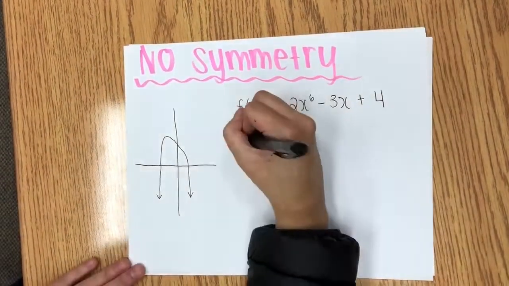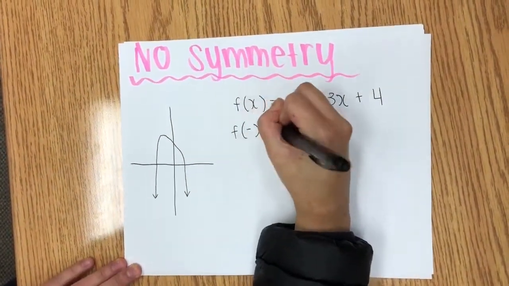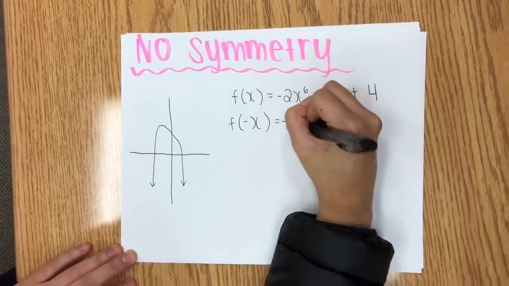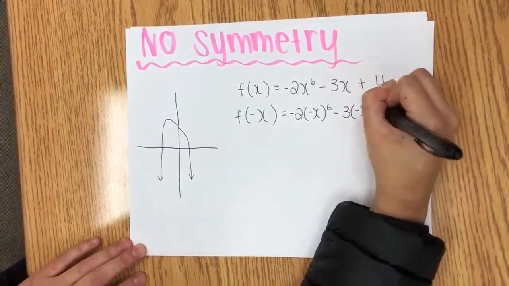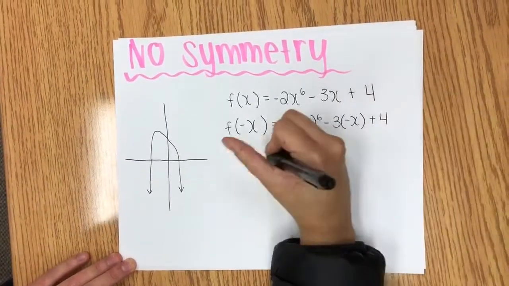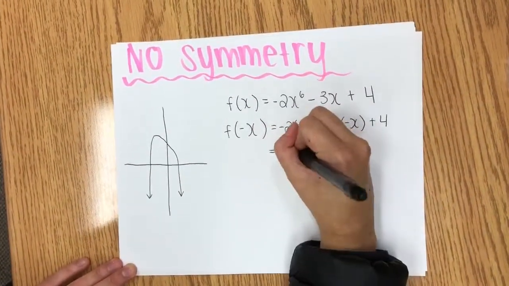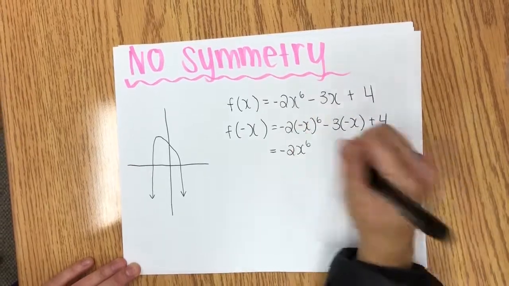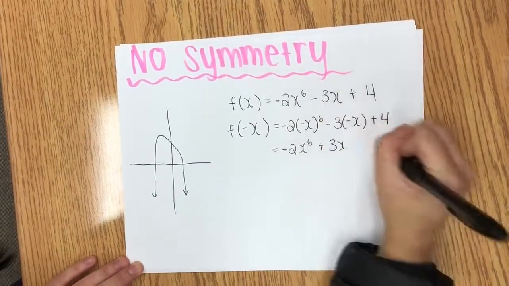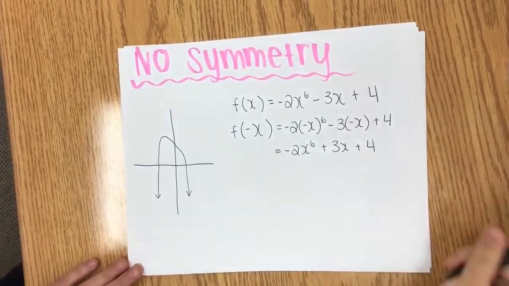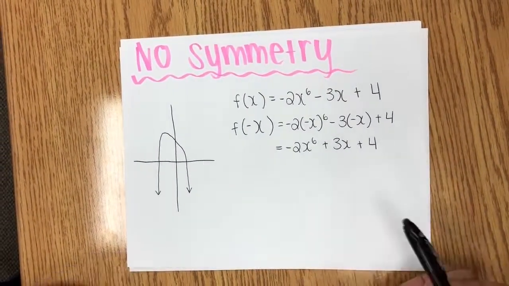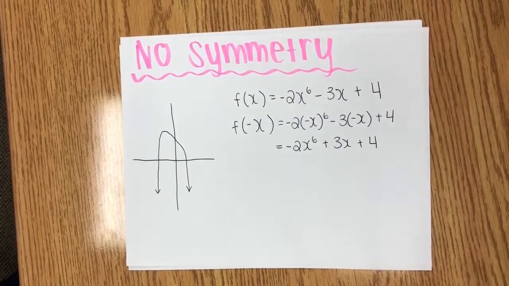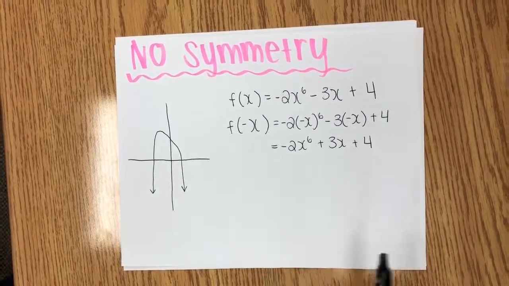Also, if we plug in a negative value for x, we get -2(-x)^6 - 3(-x) + 4. This simplifies to -2x^6 + 3x + 4. As we can see, not all of the signs switch and not all of the signs stay the same. Therefore, it's neither an even function nor an odd function, so that means there's no symmetry at all.